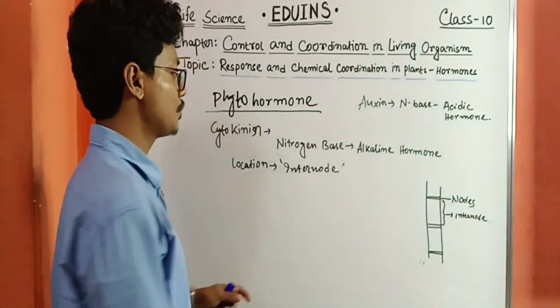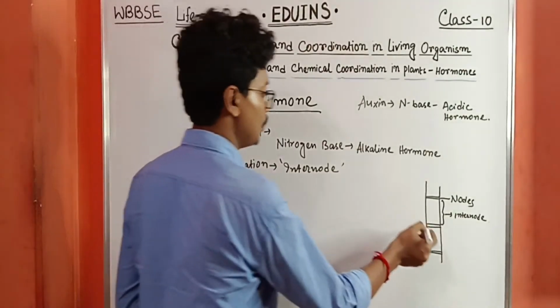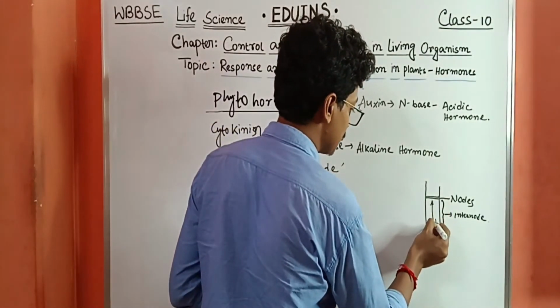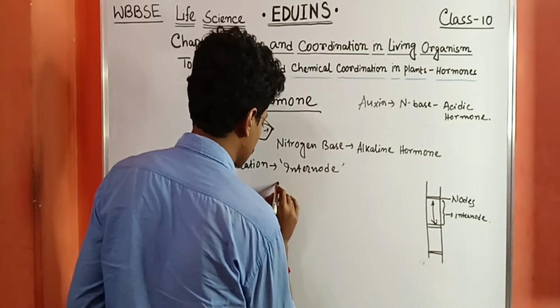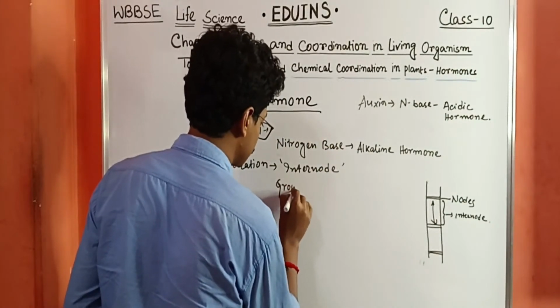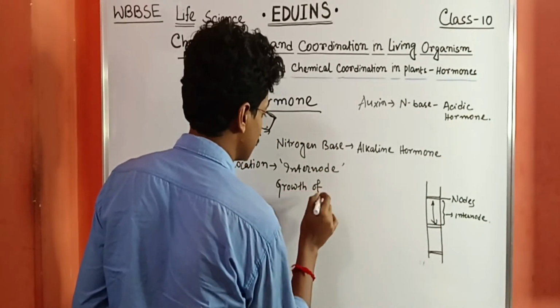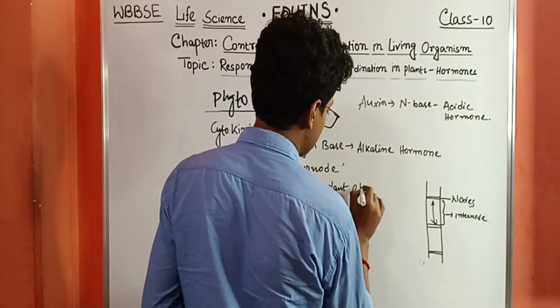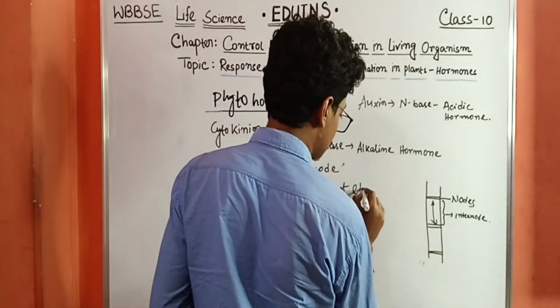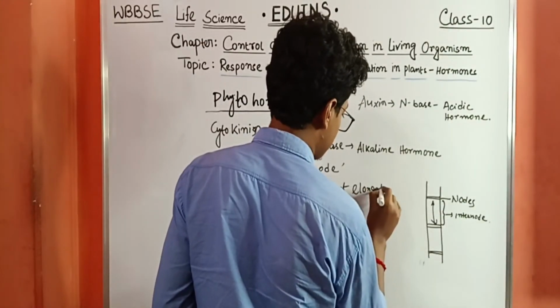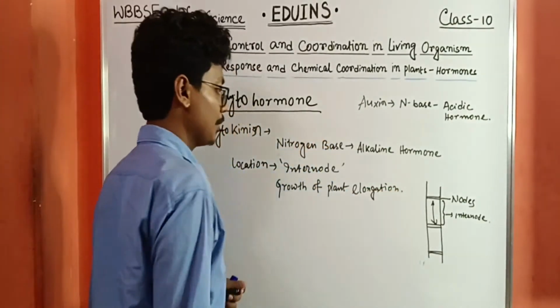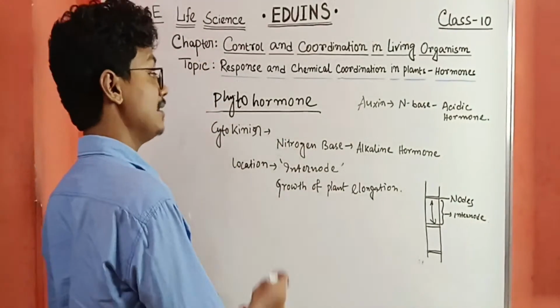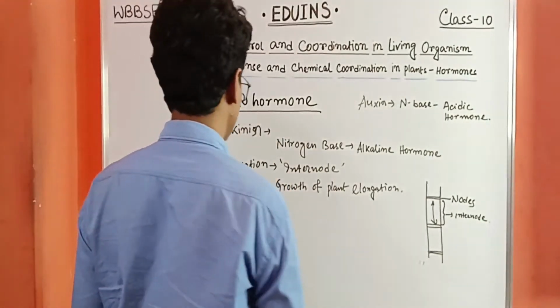So they are present in the internode and help in growth of plant elongation. They help in plant lengthwise elongation.